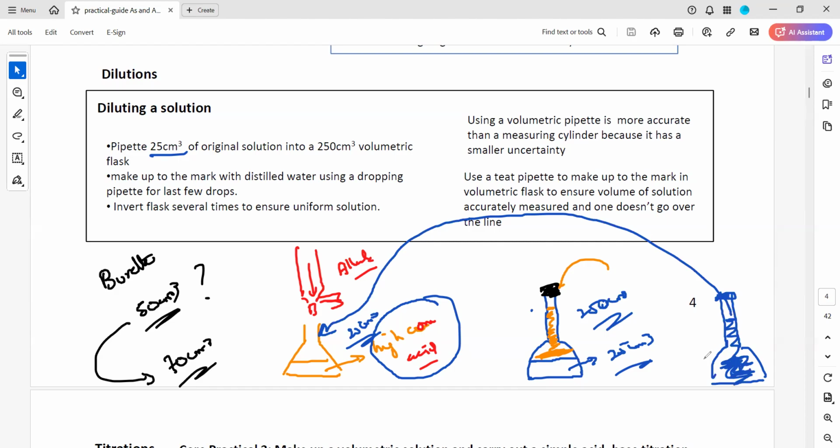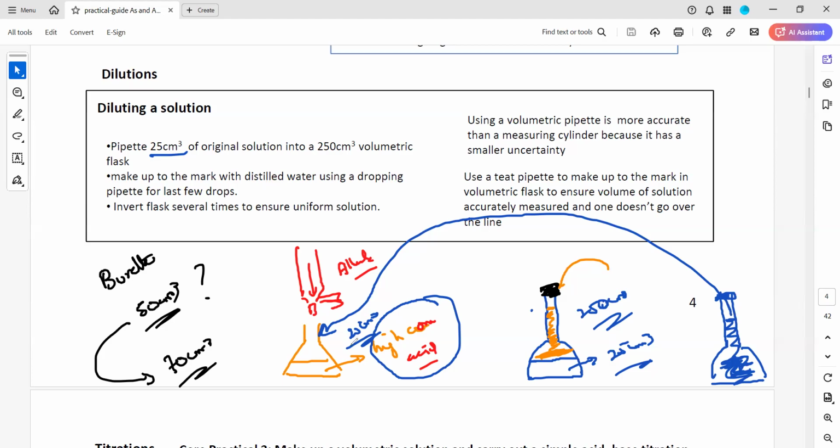So normally, whenever a reaction involves high concentrations of acid or alkali, we first dilute them and then we take out the diluted solution and carry out a titration from that. But when I work out the moles, how do I work out the original moles?